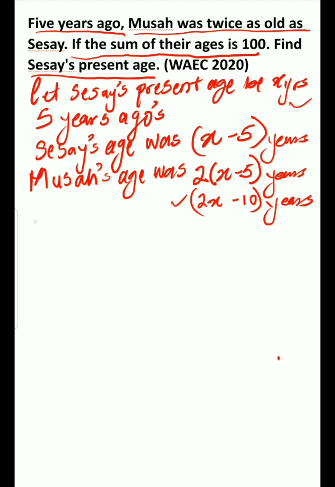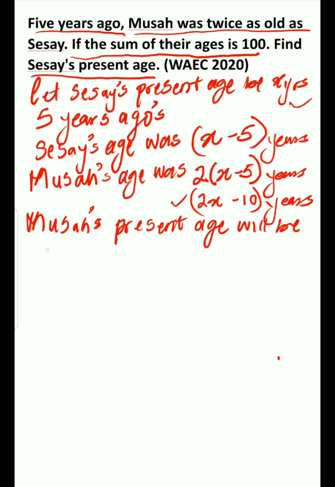So his present age will be his age 5 years ago, 2x minus 10, plus 5.